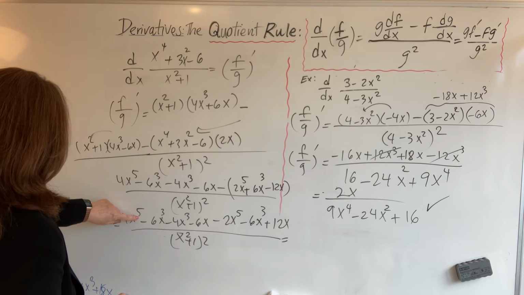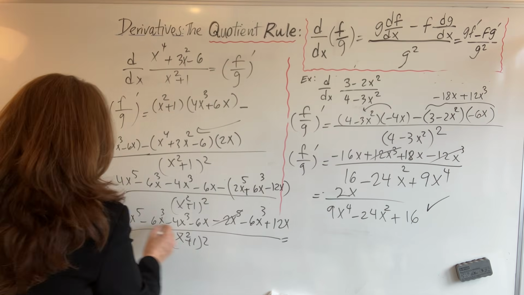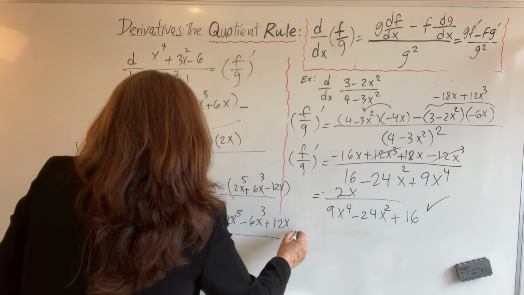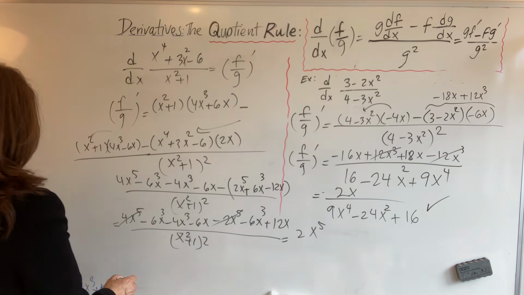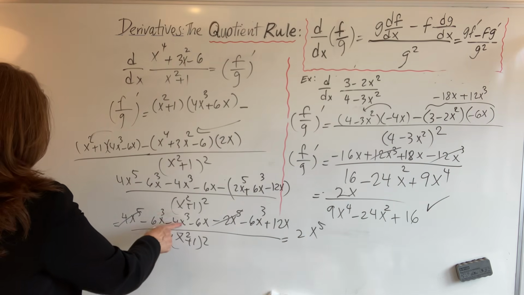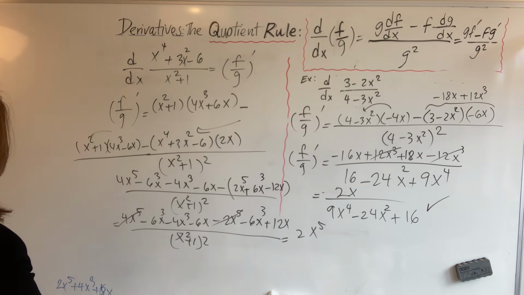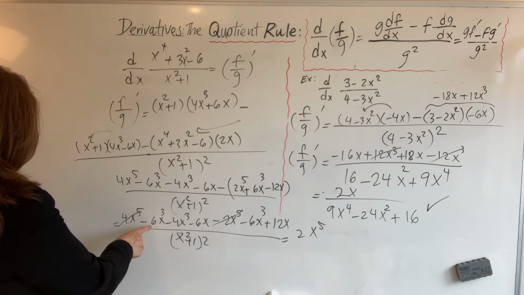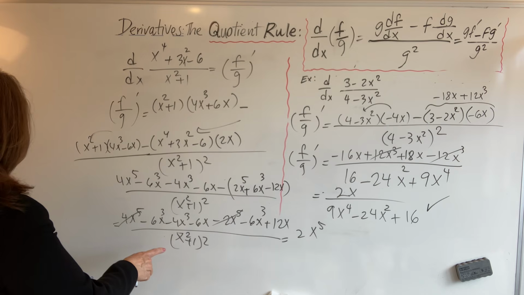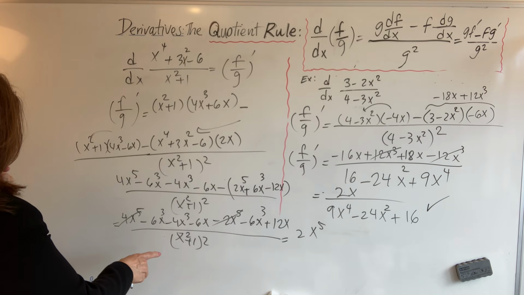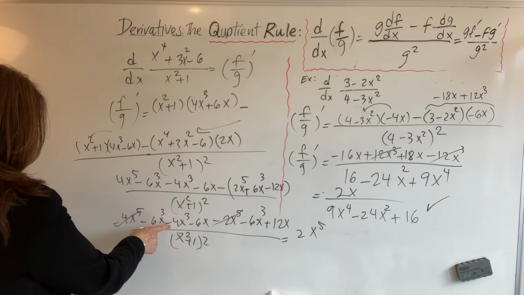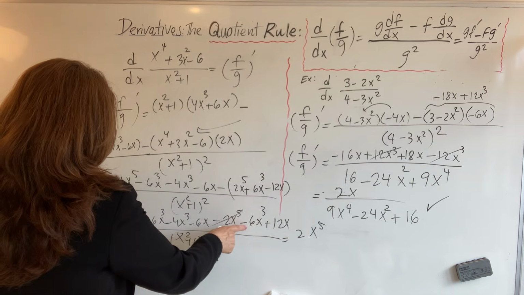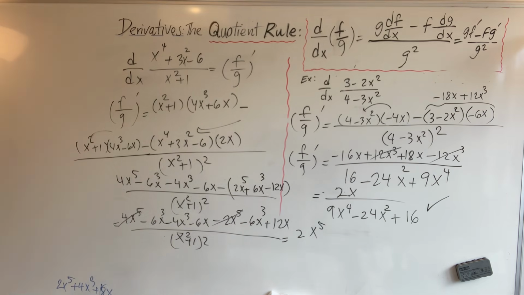4x to the 5th minus this one, it gets what? 2x to the 5th. Okay, 4x to the 3rd, and this one 6x to the 3rd, 6x to the 3rd. One of these must be, okay, to the 3rd, this is negative 10x to the 3rd, and this one gets positive actually.